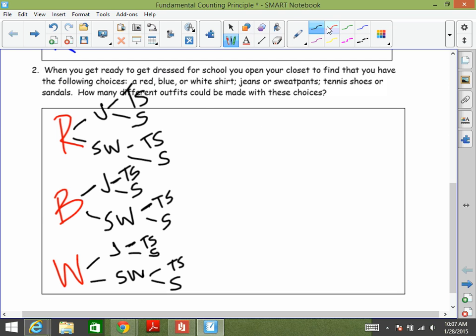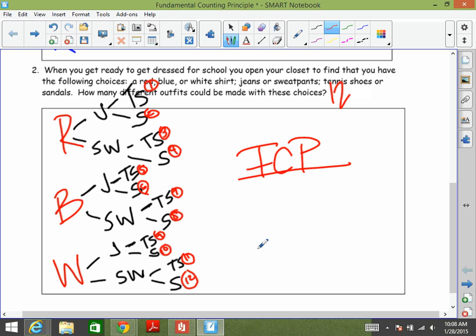This is the first one right here. This is the first, second, third, fourth, fifth, sixth, seventh, eighth, 9th, 10th, 11th, and the 12th. There's 12 combinations.